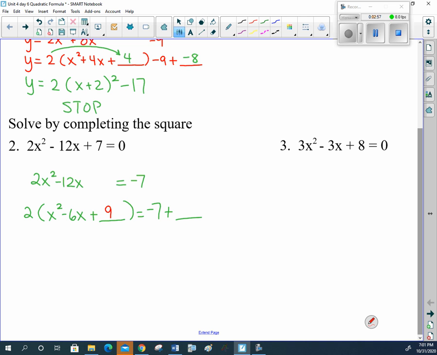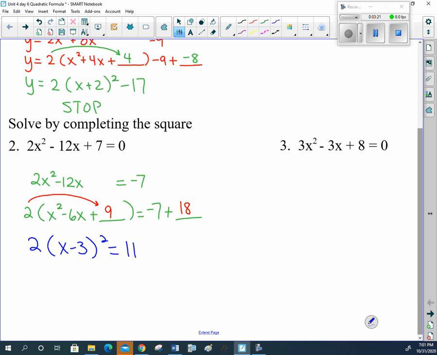But remember, anytime we put a number out in front, we're going to have to go 2 times 9. So 2 times 9 is 18. That's what we're going to have to add to keep the balance. Okay, now we're ready to write it as a binomial squared. And a -7 plus 18 is 11.